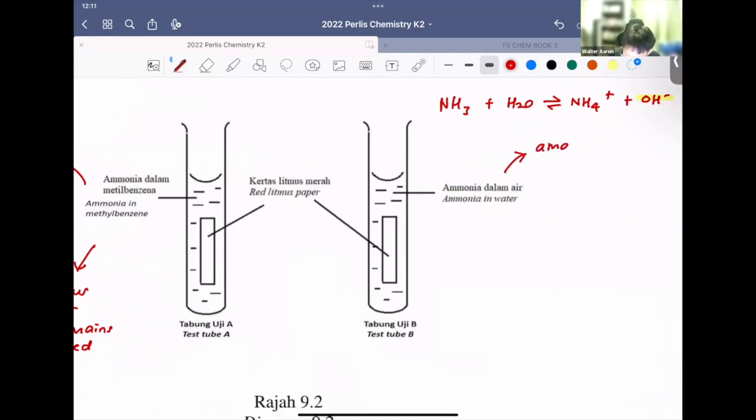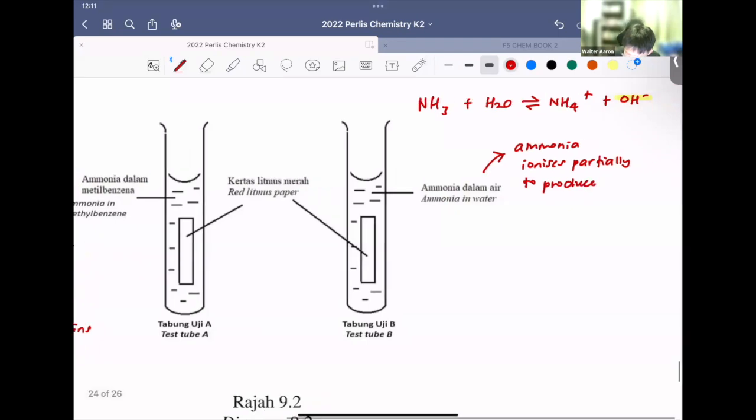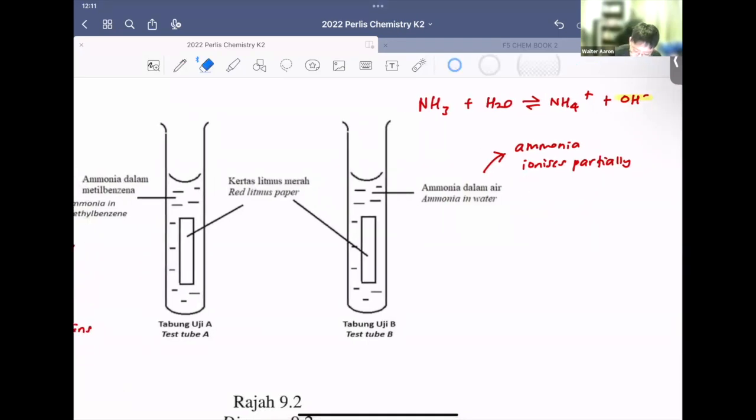And then for the other side, you can also say that ammonia ionizes partially in water to produce OH minus ions. I think you must be able to explain it.